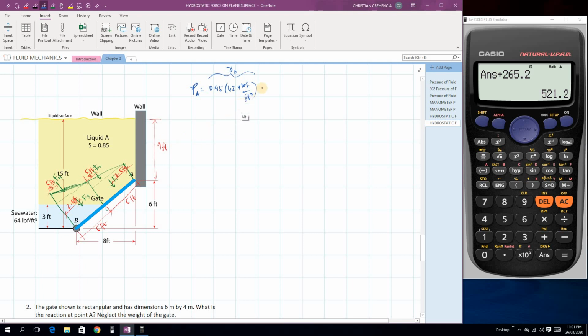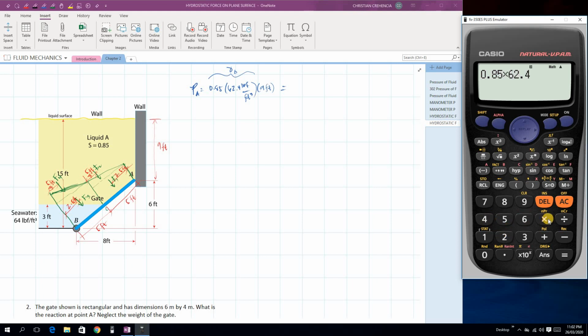Okay, so 0.85 times 62.4 times 9. Ayaw gumana ng keyboard.